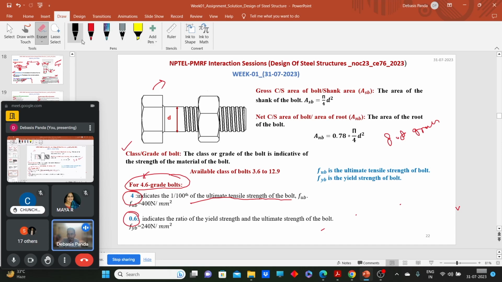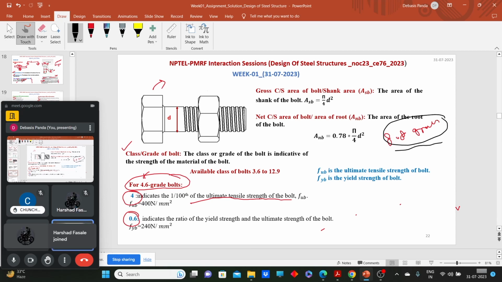Quickly write it down in the chat box for this grade. Quickly. If we don't understand clearly how this strength we have to calculate with respect to the bolt, we cannot actually design that thing.